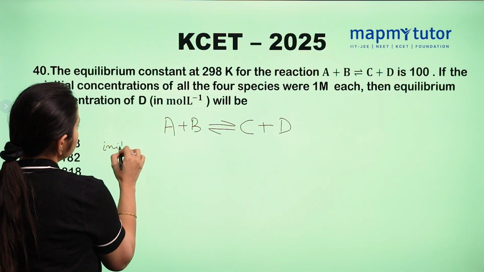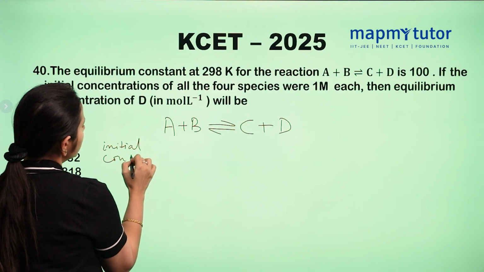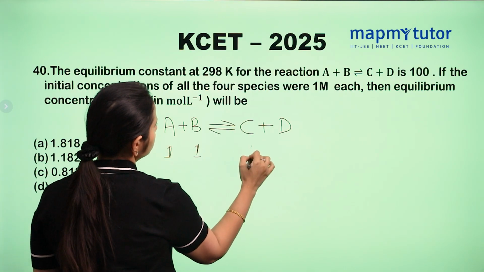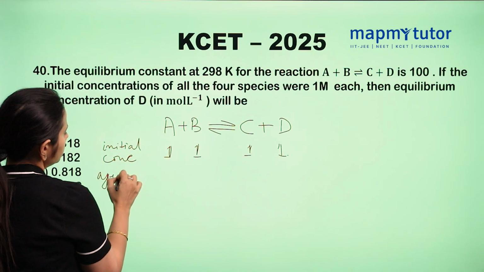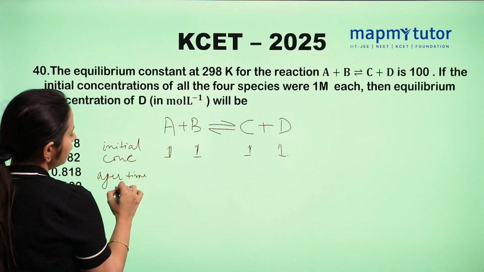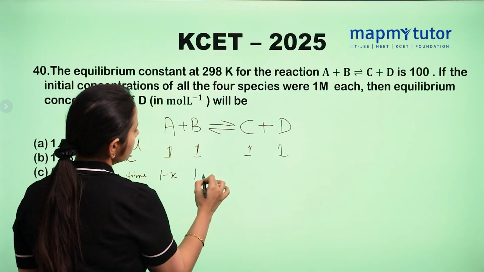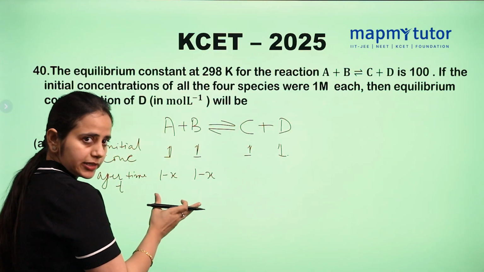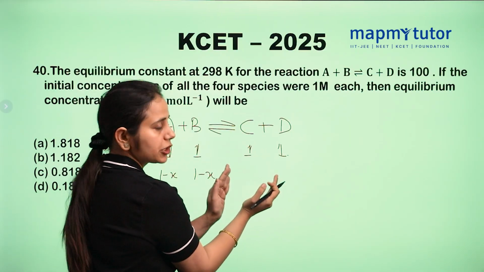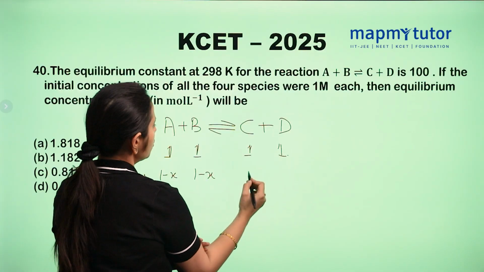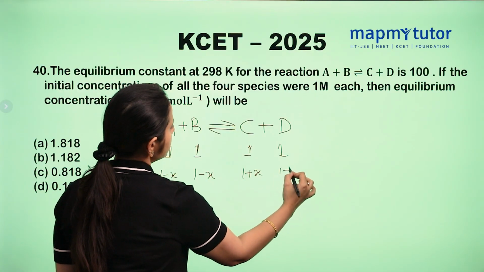Initial concentration is 1 molar for all. After time t, the reactants will be 1 minus x, because they will react and disappear, and the products will form, so they will be 1 plus x.